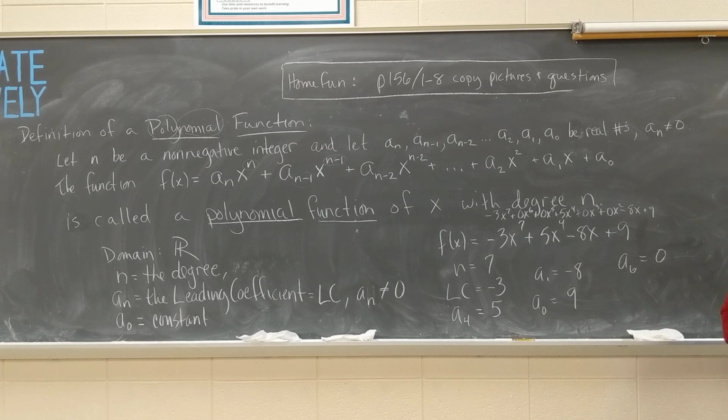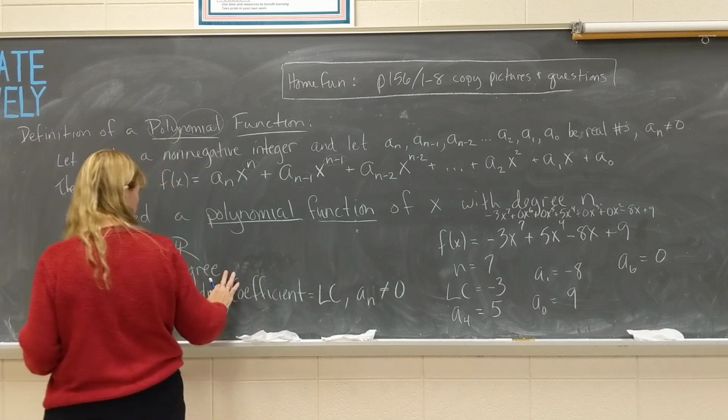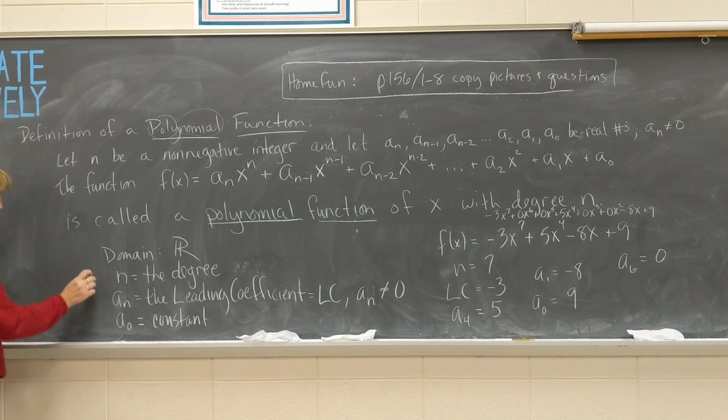4 different things are coming at you. I'm going to pay attention to whether n, which is the degree of a polynomial function, is odd or even. And I'm going to pay attention to whether the leading coefficient is positive or negative. And then there are 4 combinations of things. I can have an odd degree polynomial function with a positive leading coefficient.